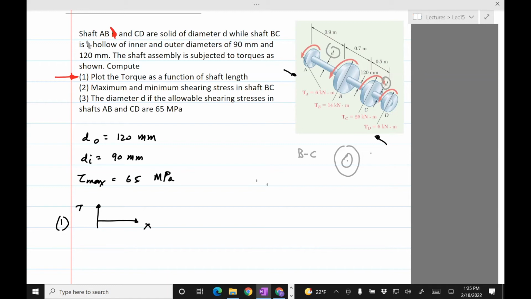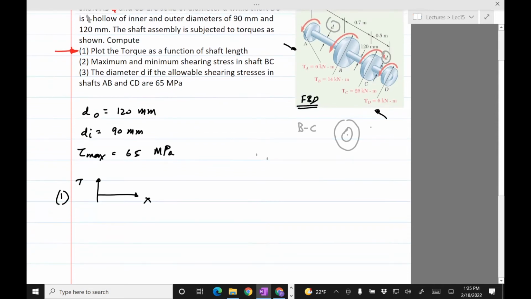But if it was supported by pin joints or roller joints, you have to first draw the free body diagram, compute the reaction torques, then you'll get a diagram like this, and then you can draw the torque shaft length diagram, which I'm about to draw.